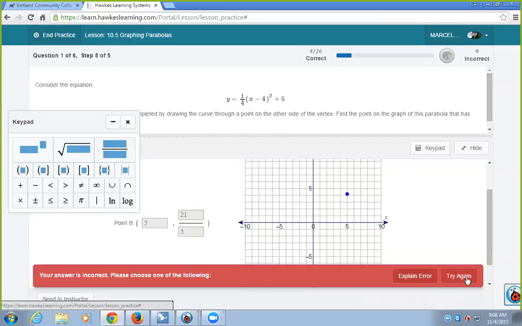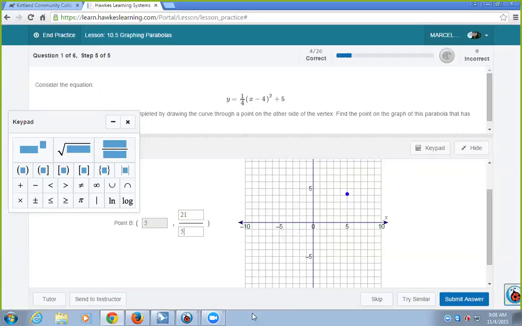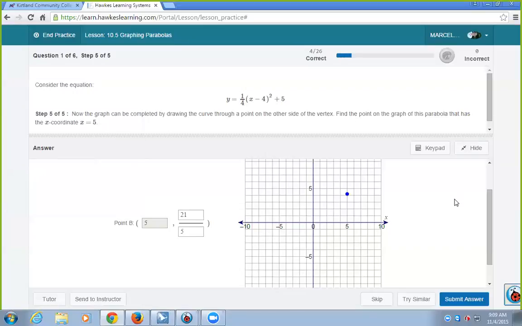Well, since I get an error, try again. 21/4 again. Why it's giving me an error, I don't have a clue.